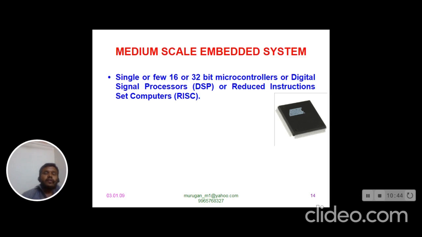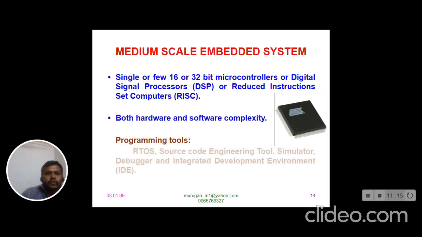When the number of commands and mnemonics is high, it is not easy for us to program. So we use reduced instruction set computing. Then we reduce the mnemonics, and when we reduce the instruction sets, we can program easily. It has both software and hardware complexity compared to the small scale embedded system. These are all the programming tools we are following.